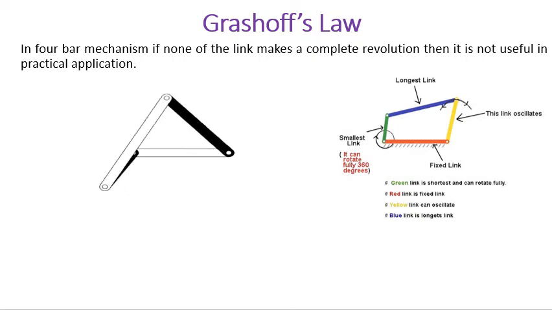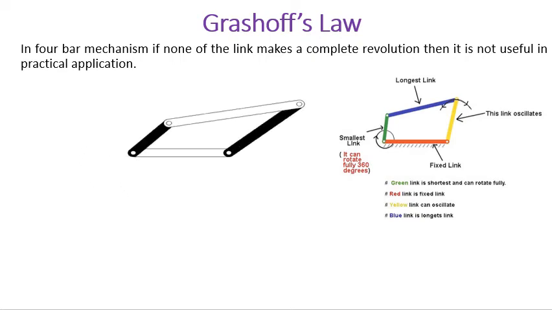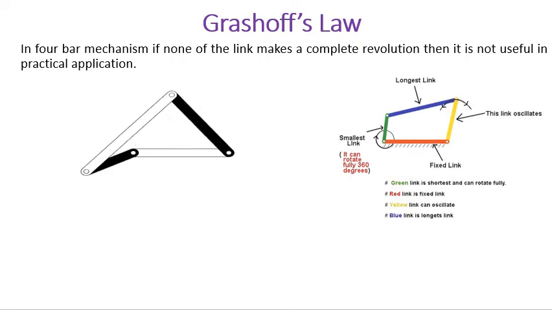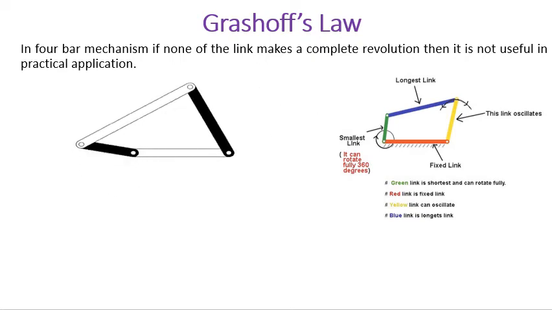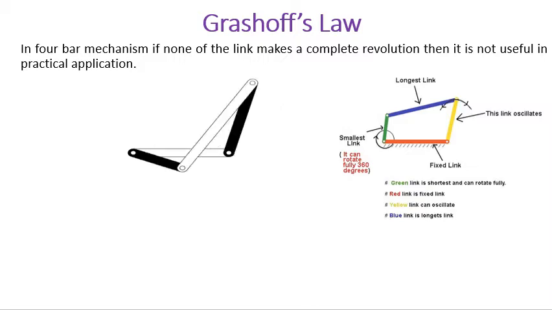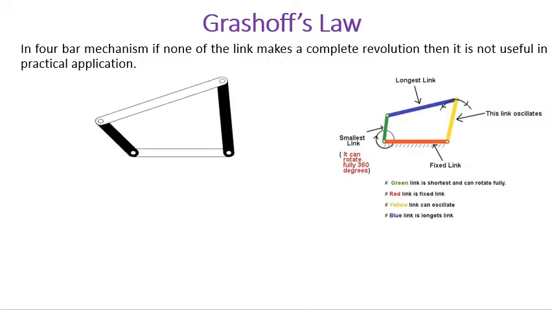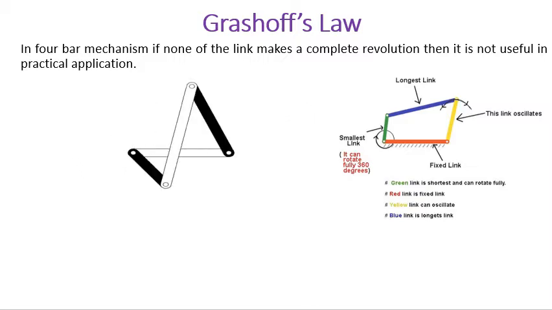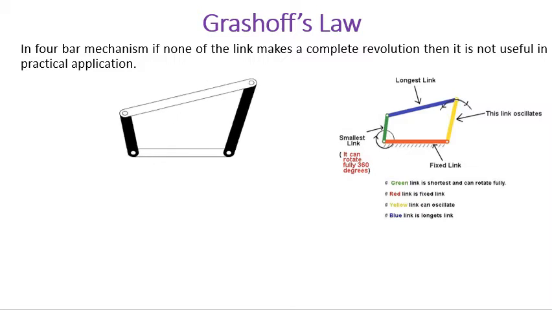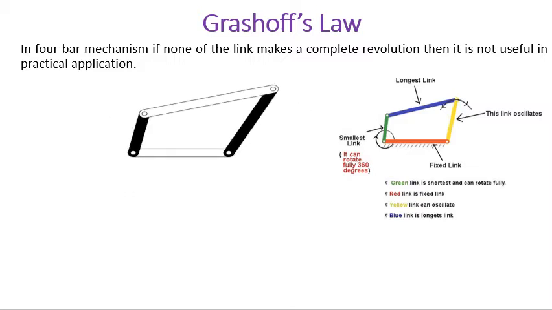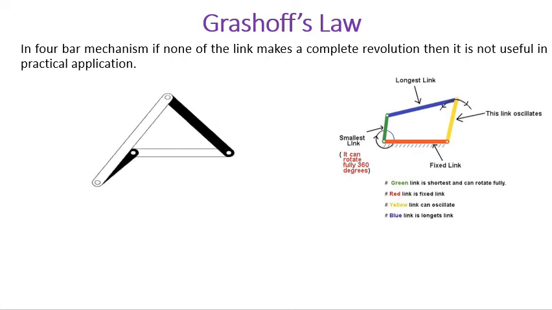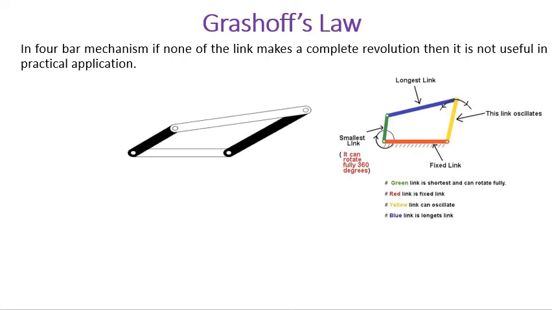So all of you know, in the previous lecture we have discussed that in order to make the mechanism usable, any one of its links should be having a rotational motion. So in this mechanism you can see link number 2 or crank is having pure rotational motion, right?